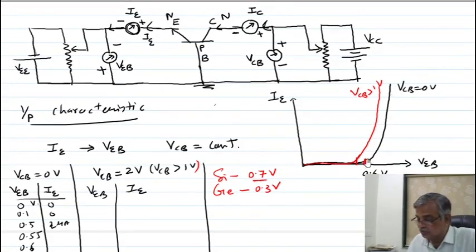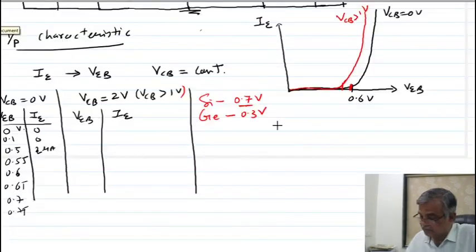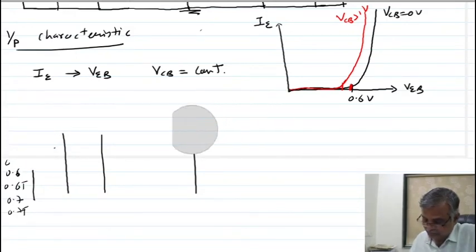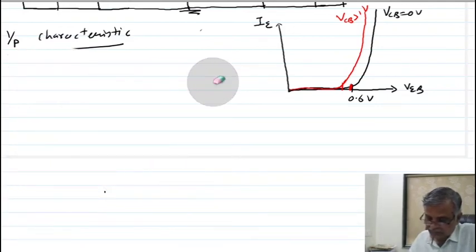As I go beyond 1 volt, immediately a steep rise in the current takes place. Let us discuss why you are getting the shifting like this from here to here.